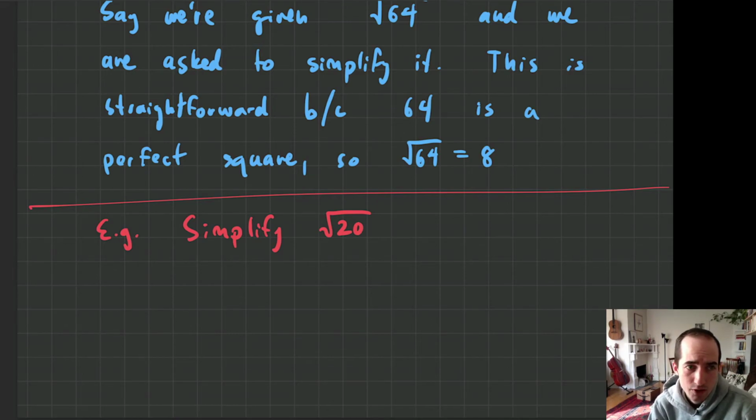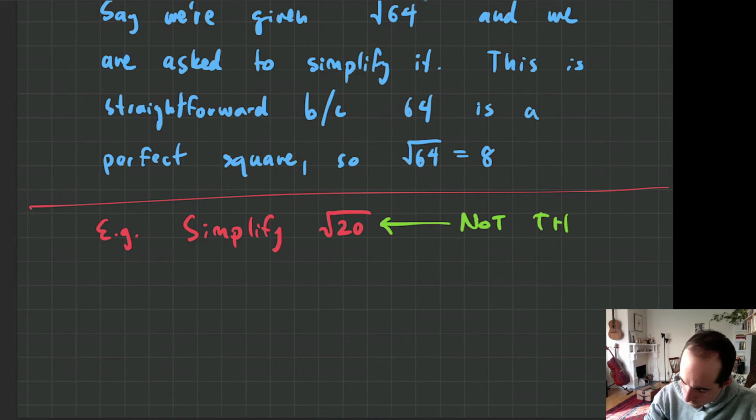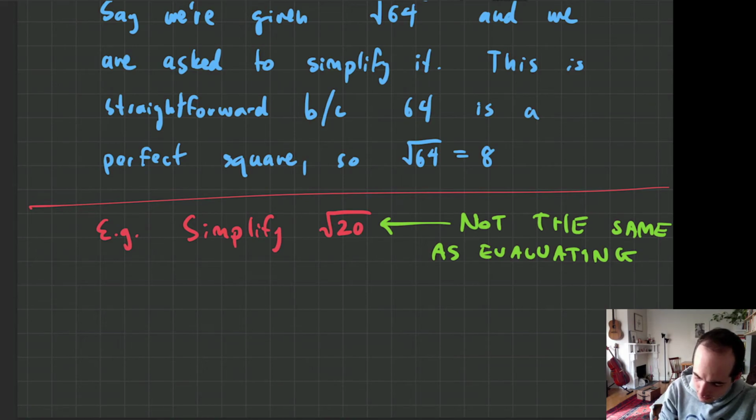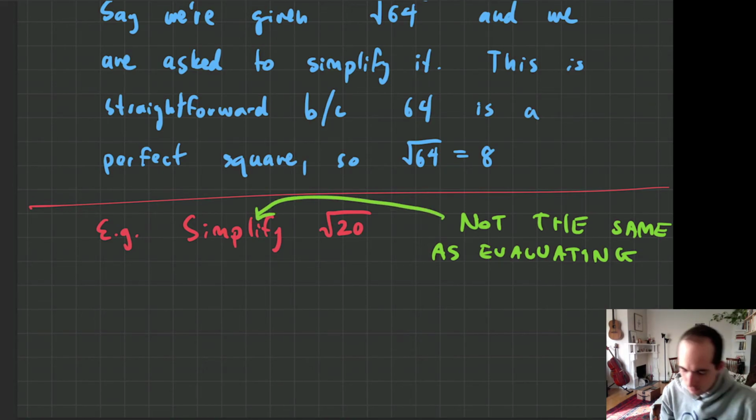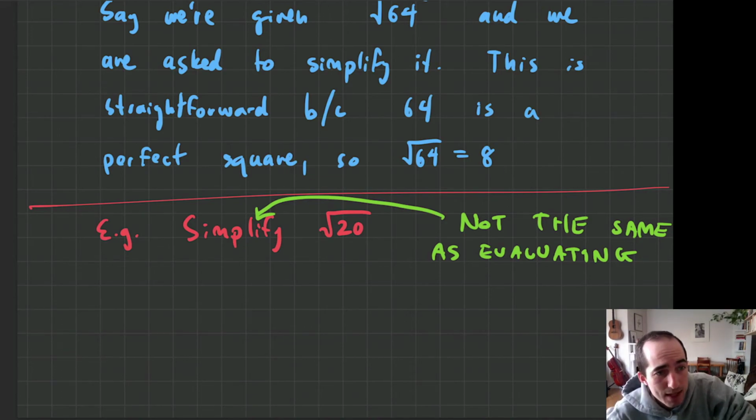You could say, okay, I'm going to take it to my calculator and see what the calculator says. This is not the same as evaluate. When I simplify something, that's different than evaluating it. If you just punch this into your calculator, you would just be evaluating the square root of 20. You wouldn't be simplifying it.